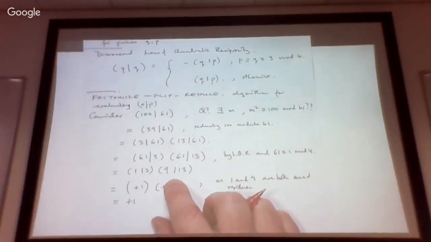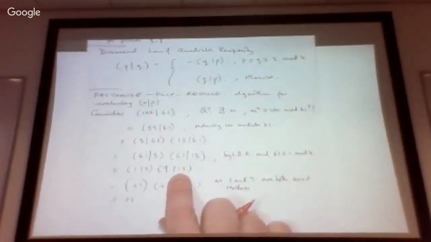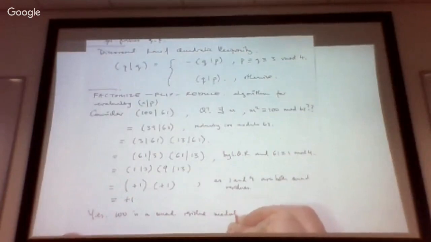It is congruent to 3 squared. So we put plus 1. This one's plus 1, this one's plus 1. So the answer to the question is yes. 100 is a quadratic residue modulo 61.